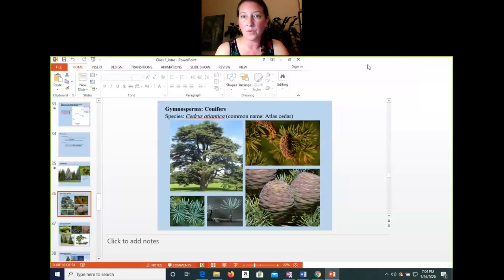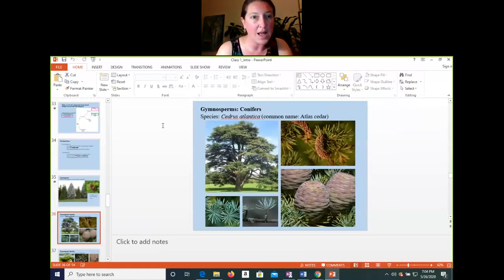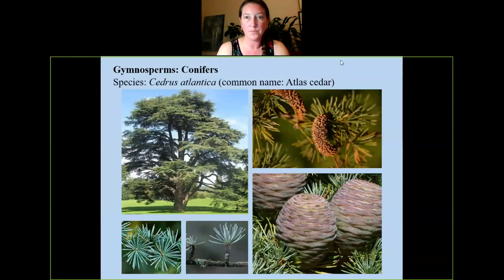Okay, so does the Atlas cedar reproduce independently, or does it need assistance or interactions with other organisms? Great question. Most of the conifers, the pollen moves to the female sex structures via wind. Let me make this big. You can almost see the pollen. Let me go yellow so I can draw pollen.